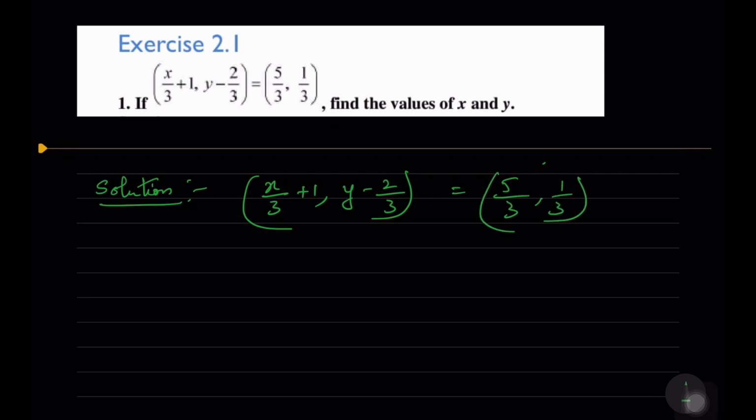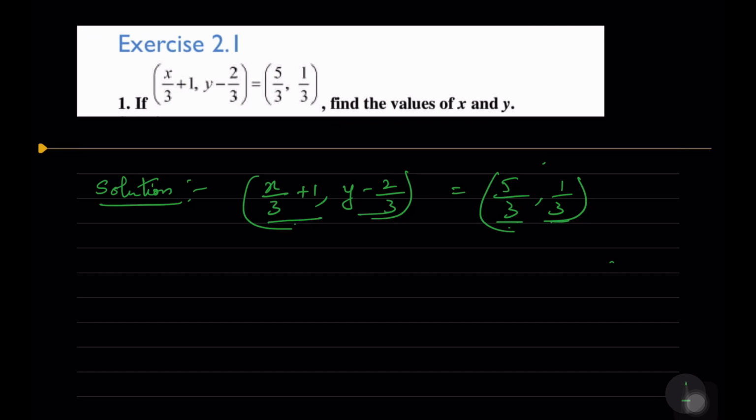Now this is the ordered pair which we have, and you know that two ordered pairs are said to be equal if the first element of the first ordered pair is equal to the first element of the second ordered pair. Both these ordered pairs are equal when the first is equal to the first and the second element is equal to the second element.